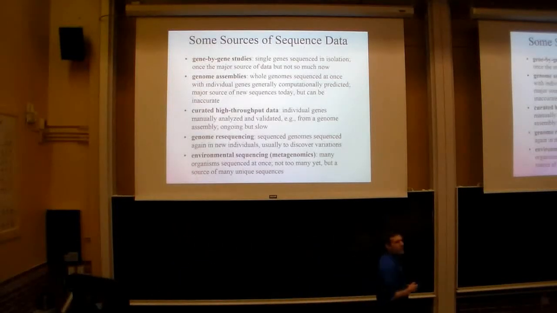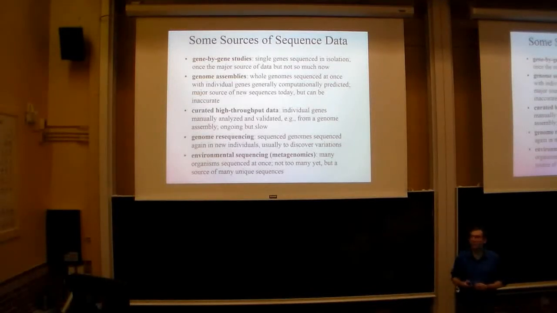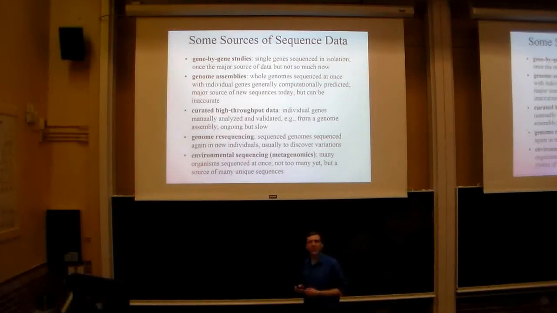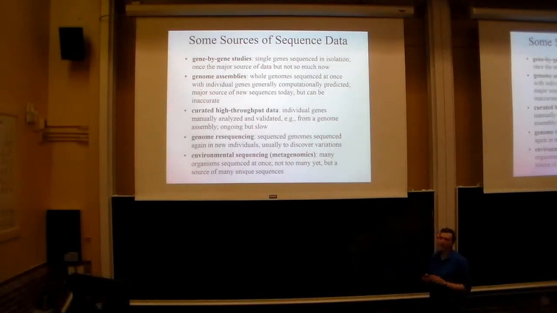All right, so there are a lot of different ways that sequence gets generated, a lot of different reasons people generate sequence that ends up in these databases. Not too long ago, the standard would have been that people generally put a sequence in a database because they're looking at a particular gene, and a lab that is maybe interested in that one gene has gone to the effort to sequence it, deposit it in a database, and make sure there's a nice, good quality entry for that gene.